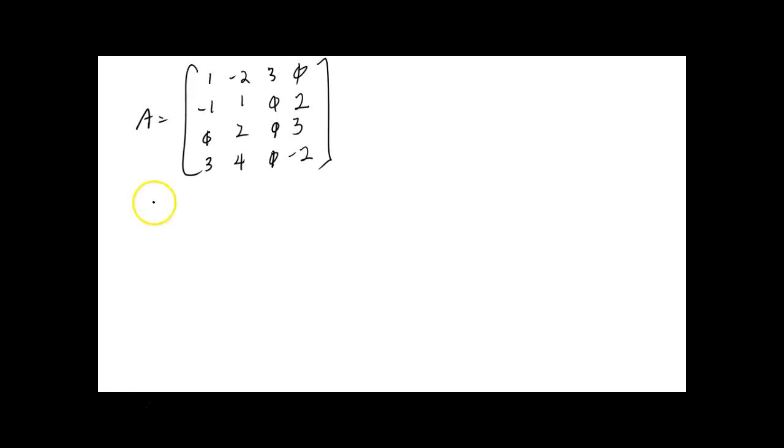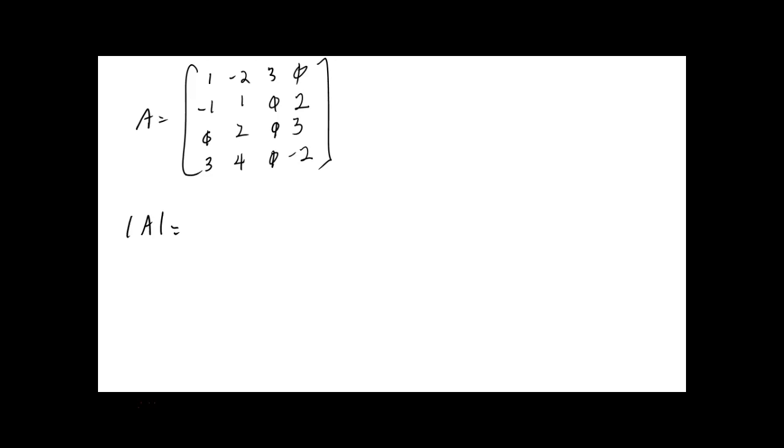So the determinant of A would then be, well, here's where judicious choosing comes into play. Pick the row or the column that has the most zeros in it. Dead giveaway here, third column. Now, remember, we do the minors and cofactors.